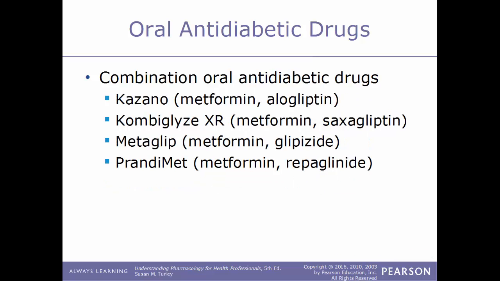See some other examples of combination oral antidiabetic drugs: Kazano, which is a combination of metformin and alogliptin; Kombiglyze XR, combination of metformin and saxagliptin; Metaglip, combination of metformin and glipizide; Prandimet, combination of metformin and repaglinide.